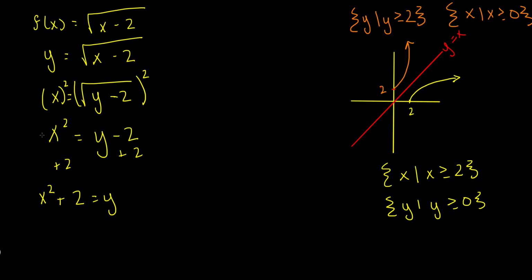So for the inverse function, we will have to actually say that the inverse function, f inverse of x, is equal to x squared plus 2 when x is greater than or equal to 0. We need to define that, because if we do not define that, we don't have a true inverse function.